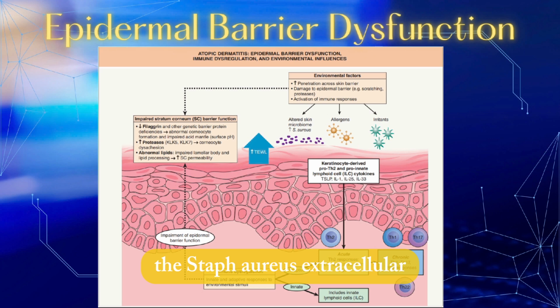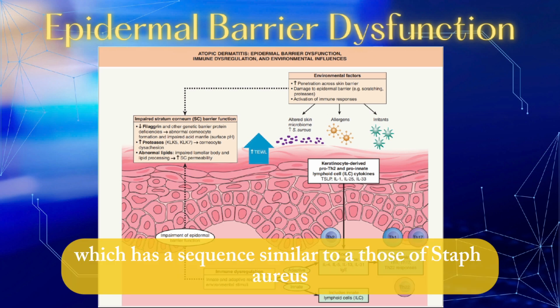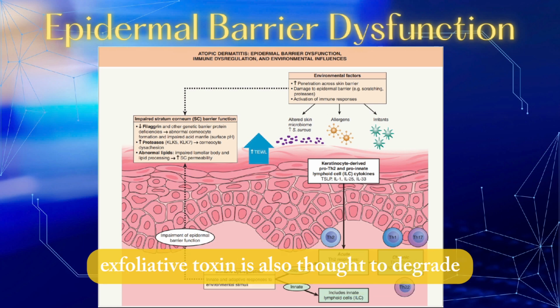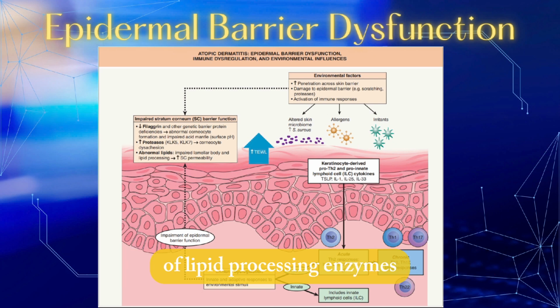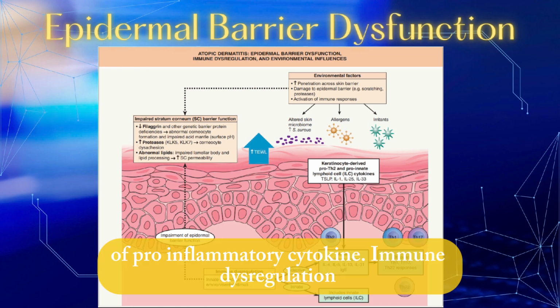The Staph aureus extracellular V8 protease has a sequence similar to those of Staph aureus exfoliative toxin and is also thought to degrade DSG1. In addition, unrestrained protease activity leads to degradation of lipid processing enzymes and antimicrobial peptides as well as activation of pro-inflammatory cytokines.